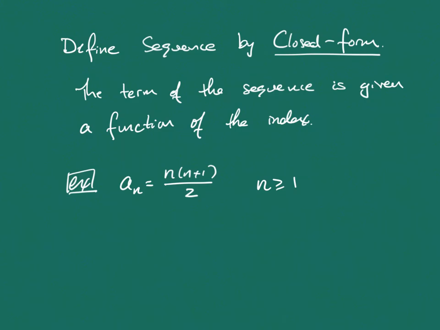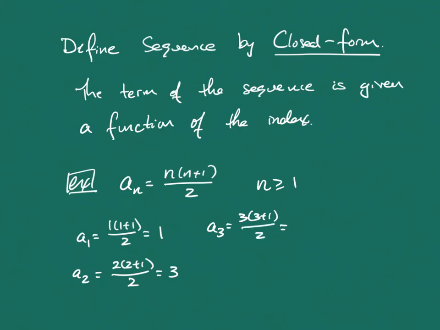So now we have our element as a function of n, so that our first term, a1, looks like 1 times 1 plus 1 over 2. So our first term is just going to be 1. Our second term, 2 times 2 plus 1 over 2, which gives us 3. Our next term, a3, looks like 3 times 3 plus 1 over 2.